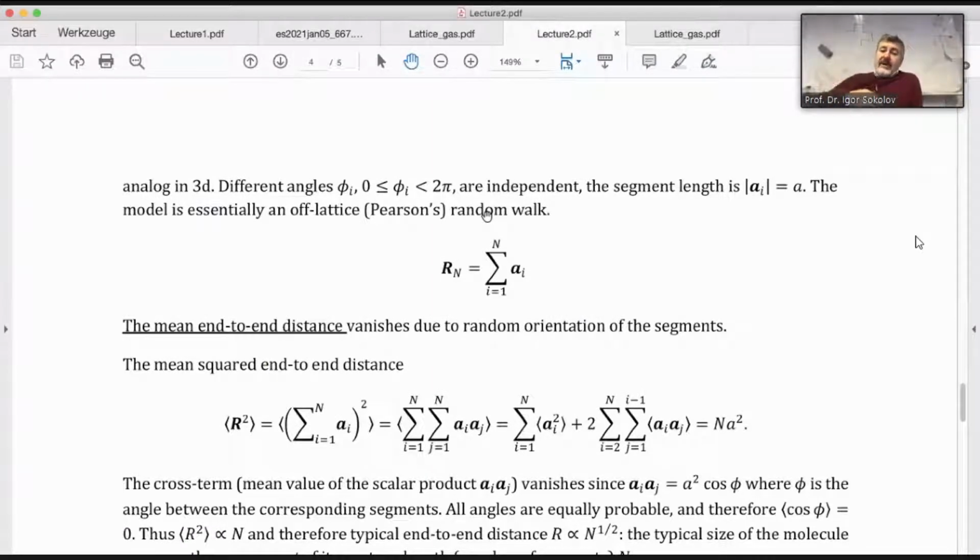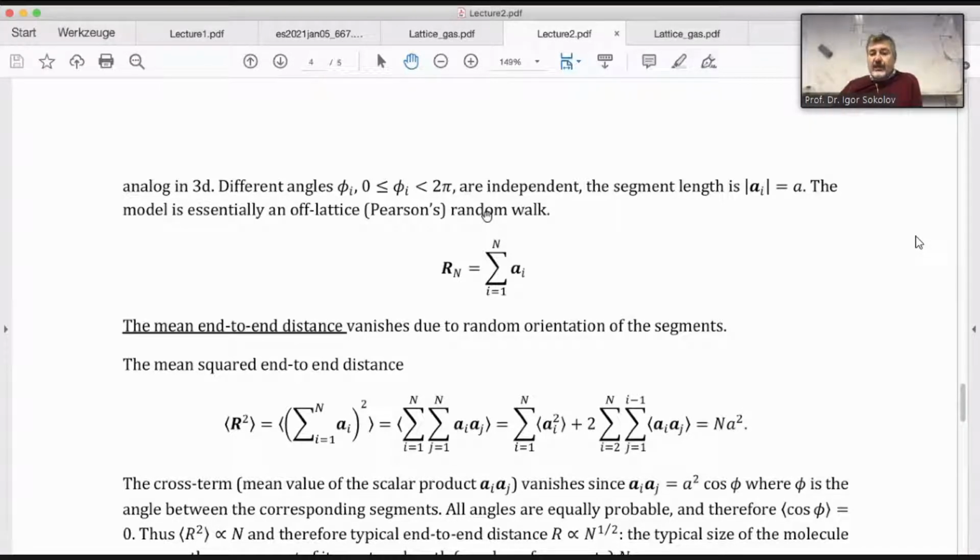Essentially, the term random walk stems from Karl Pearson's work from 1905, where he asked what is the distribution of the end-to-end distance. We will solve the problem next week. And this very small note in Nature was called On the Problem of Random Walk.